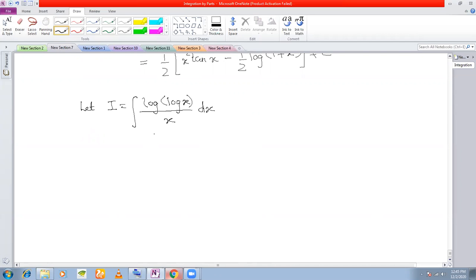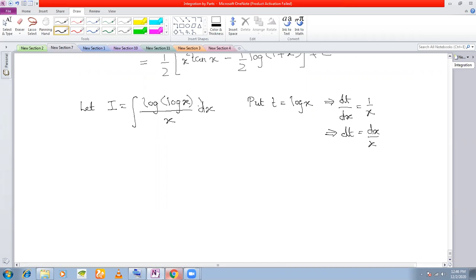Log x divided by x. Now you know that the derivative of log x is 1 by x, right? So what you do is you put here t is equal to log x. So what do you get? dt/dx is equal to 1 by x. That means you get dt is equal to dx by x.